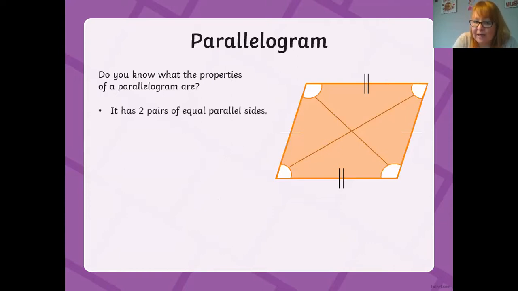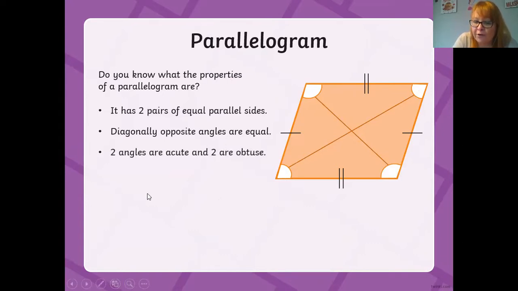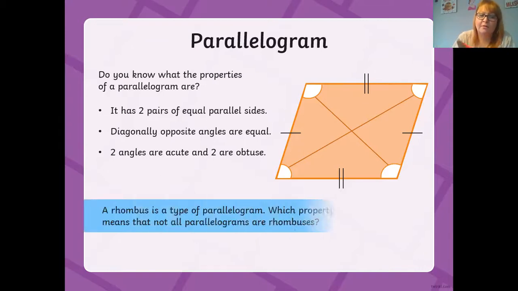So that moves me swiftly on to a parallelogram. It has 2 pairs of equal parallel sides. Diagonally opposite angles are equal. 2 are acute and 2 are obtuse. So these 2 shapes do sound very, very similar. Why is a rhombus called a rhombus and not a parallelogram when it is a type of parallelogram?